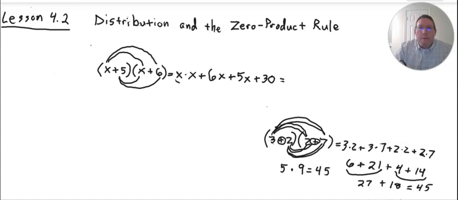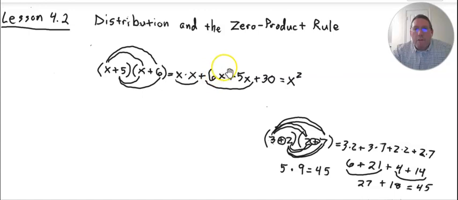This x times x right here, that's x squared. This 6x plus 5x, these are like terms. Like terms have the same letter to the same power.